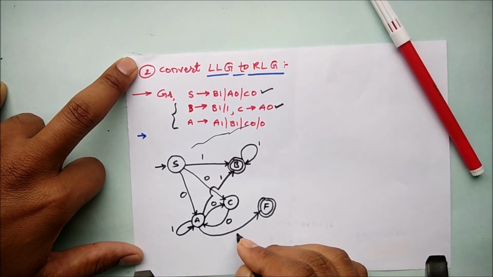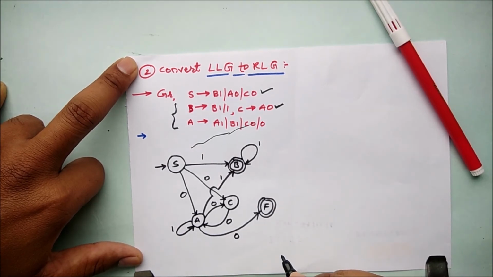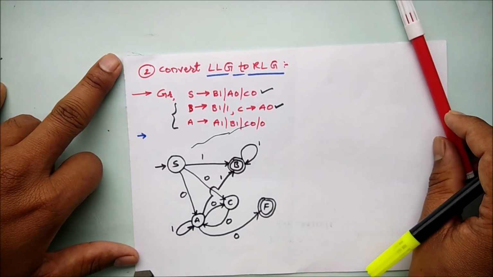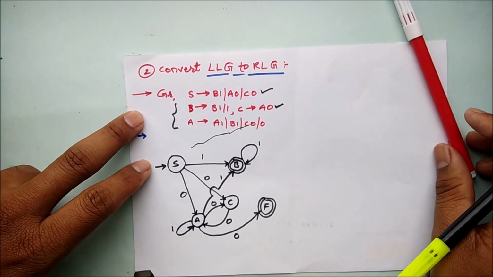So let's call it F and the 0. So this is my first step of LLG to RLG FA conversion, my dear friends, right?